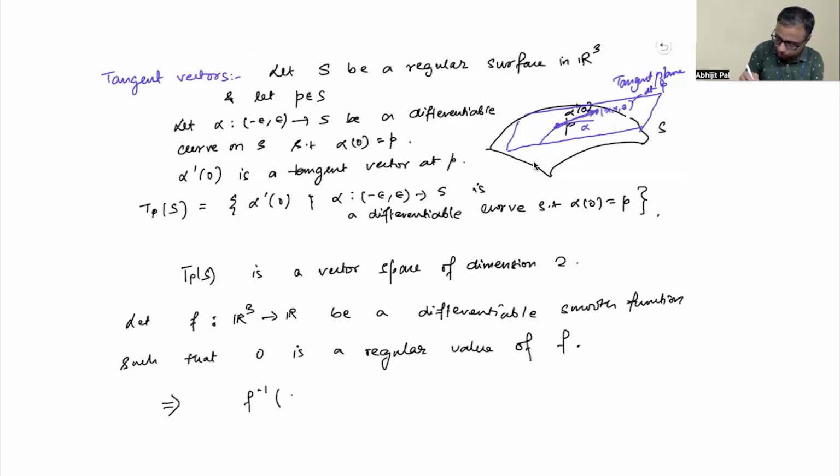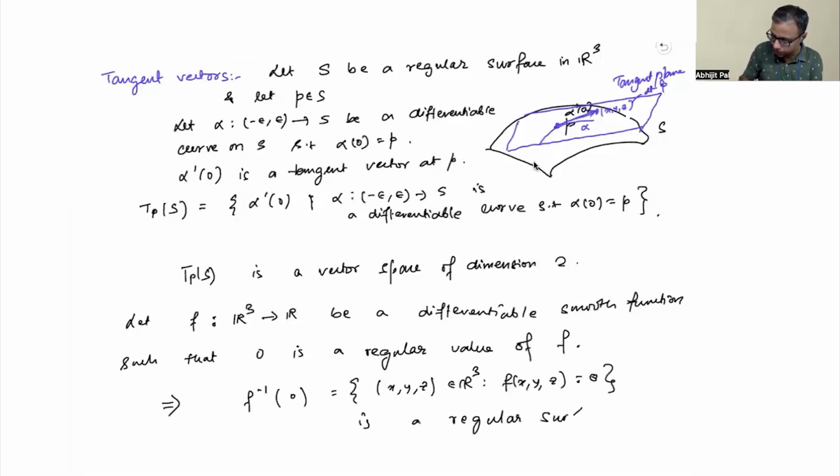If 0 is a regular value of f, this will imply that f inverse of 0, which is nothing but all those points x, y, z belonging to R3 such that f of x, y, z equals 0, is a regular surface. So this will be a regular surface.